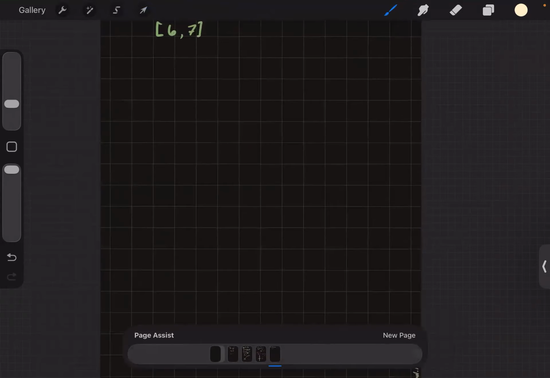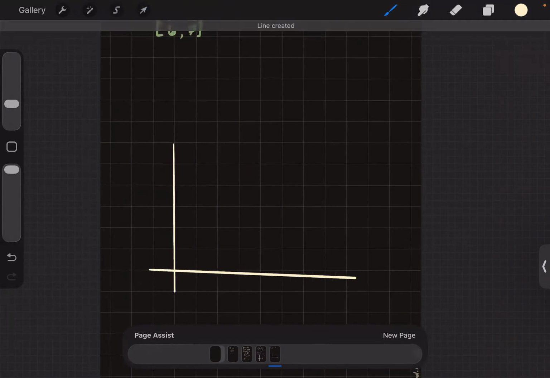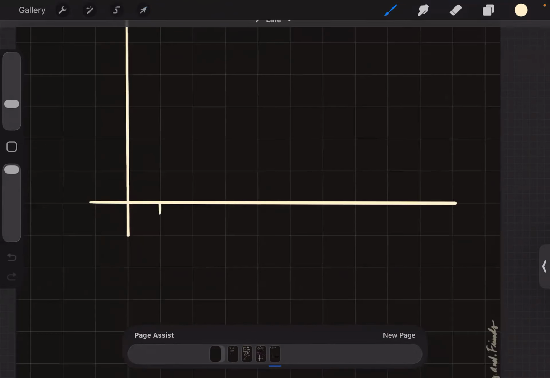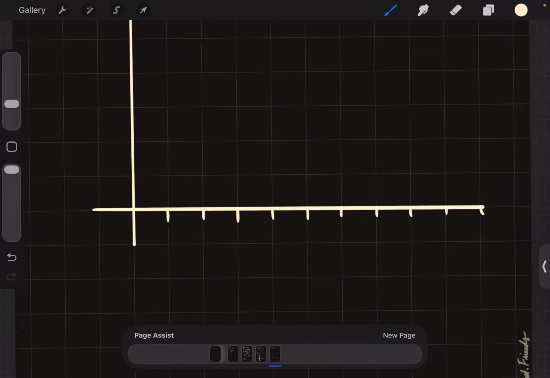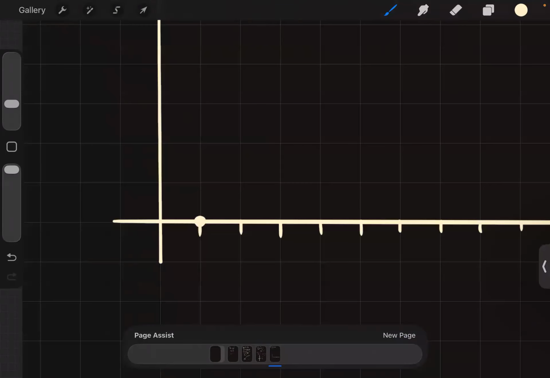Okay, so big picture, we're going to have 1, 2, 3, 4, 5, 6, 7, 8, 9, 10, just so we have some extra numbers. Our vertex lives here, right at 1. And we want the slope in this vertical area.